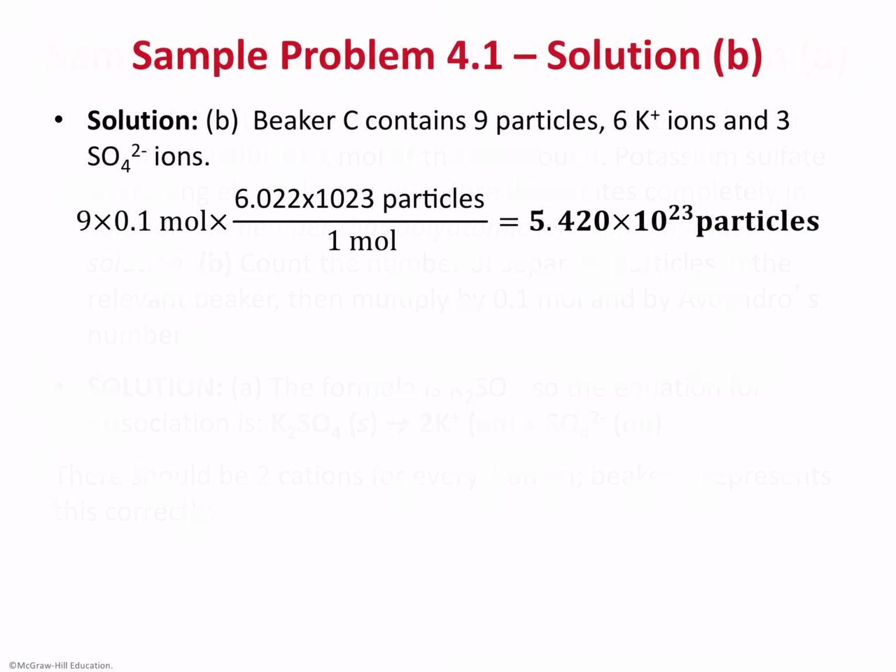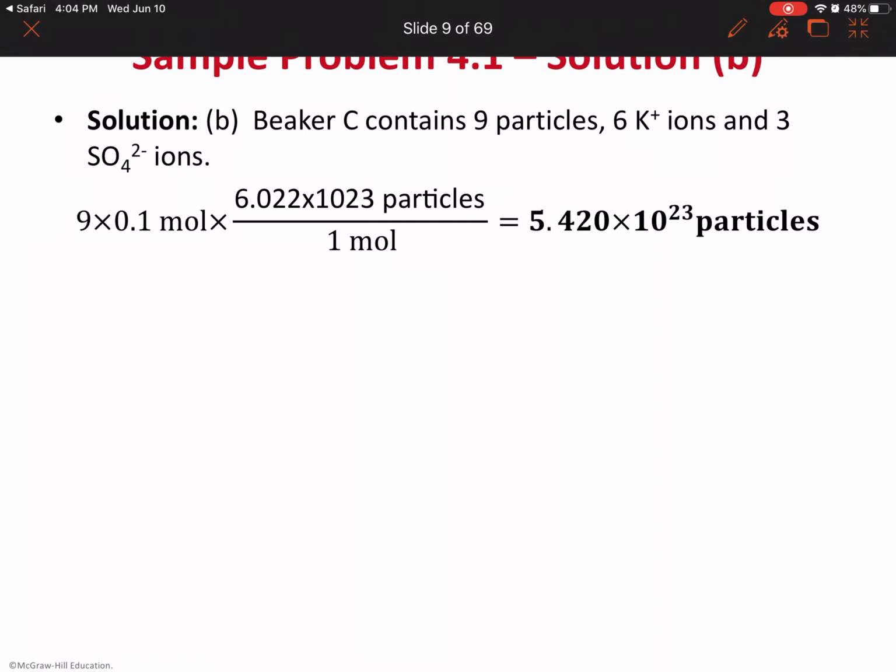Remember we talked about Avogadro number? So you can do 9 times 0.1 moles, and 1 mole is Avogadro number of particles, and this 23 that you can see needs to be 10 to the power 23. It's not 1023. So the number of particles would be 5.420 into 10 to the 23.